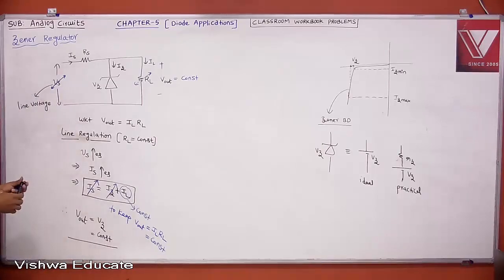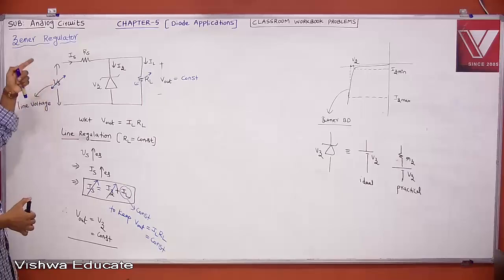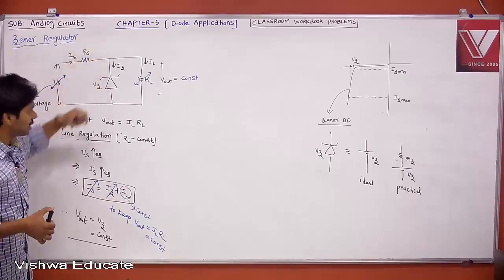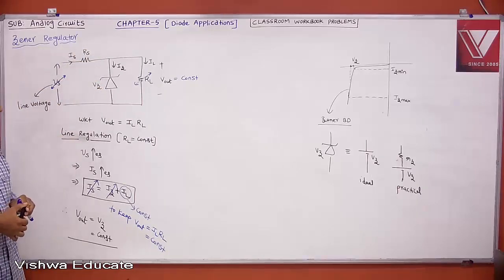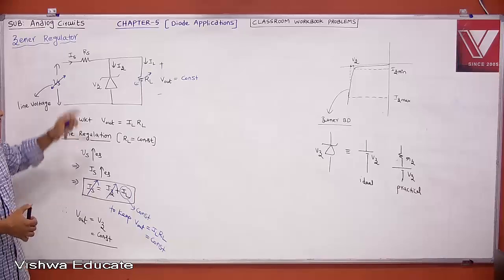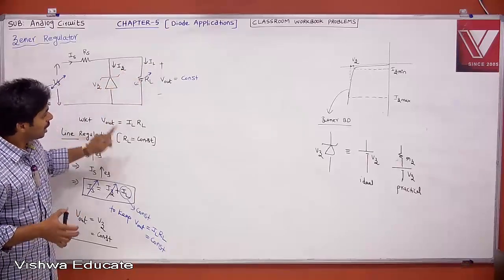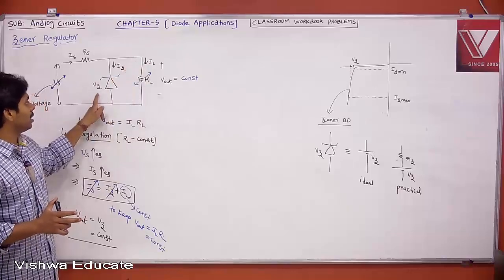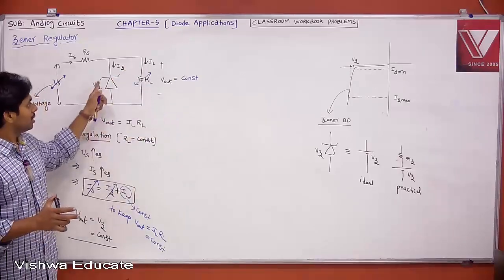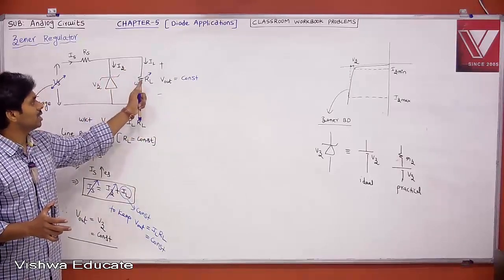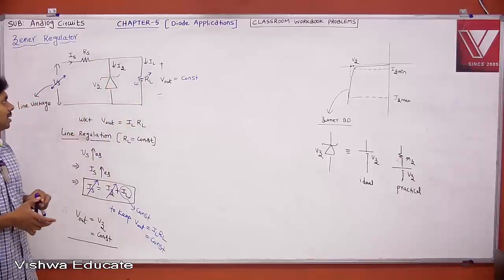Why? Whatever extra current you are getting from your source will be bypassed by your Zener diode. It will not pump into the load. If it were pumping into the load, when you take RL constant, surely your Vout would be affected. But the Zener diode is nothing but a battery, so it will not change the voltage. To not see a change in the voltage, the extra current is bypassed by your Zener diode.